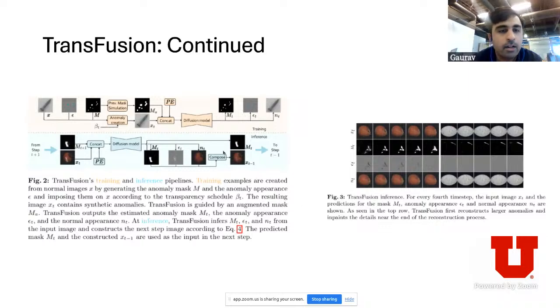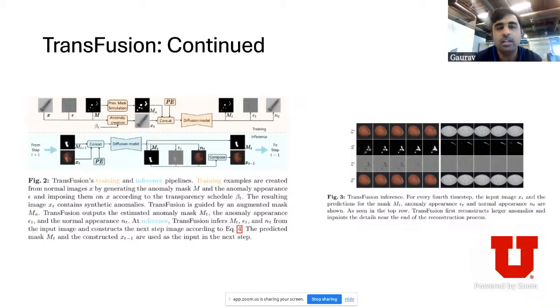The diffusion model basically has three different heads, which correspond to the mask, the anomalous image, the anomaly source, as well as NT, which is basically the normal source, and these are combined in order to produce the actual image, XT. So that's basically how it is being done.